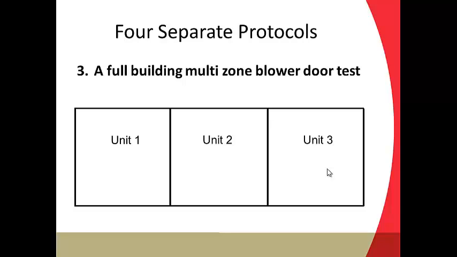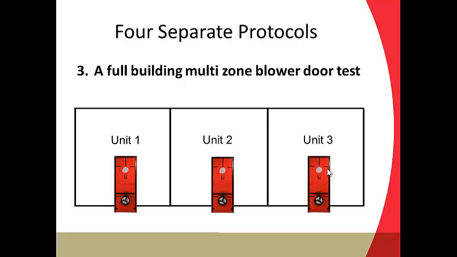So for this, you have to set up a fan in each unit and test the whole building at once. So if you had a 24 unit building, you would need 24 fans set up.